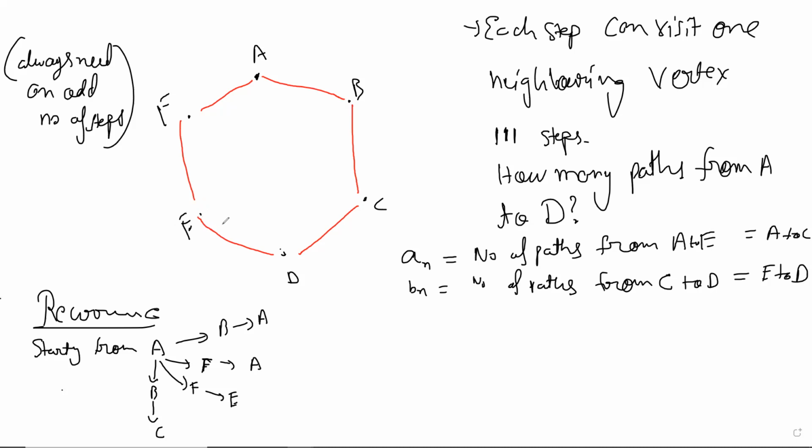But how do you know how many clockwise and how many anti-clockwise? If you say that, then you said you have X clockwise. No, see, with 111 steps, you're not going to reach D. I can give you a simple example.